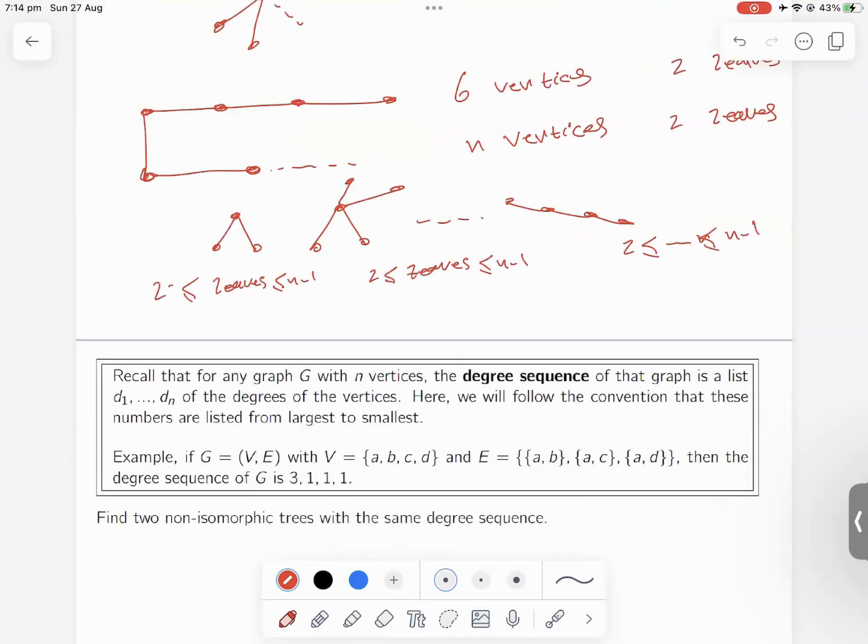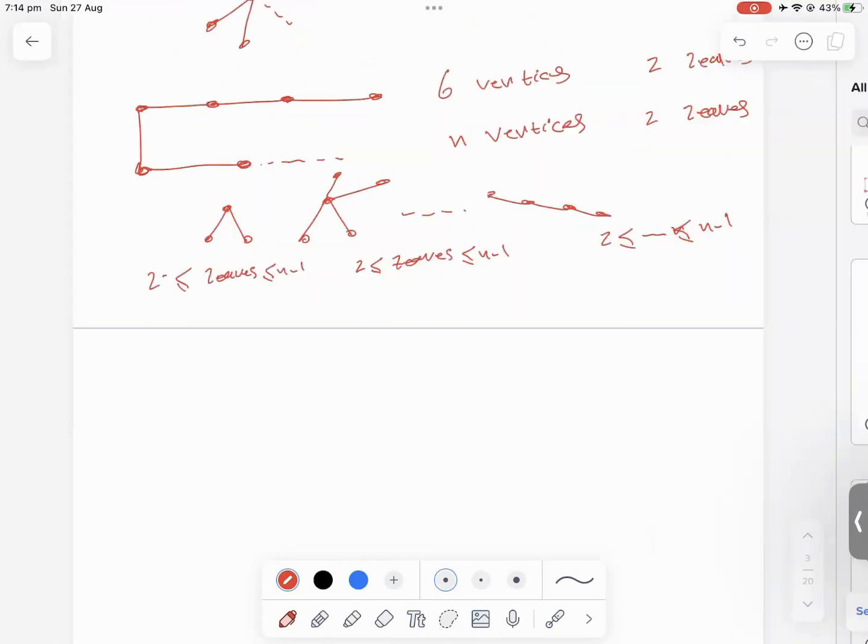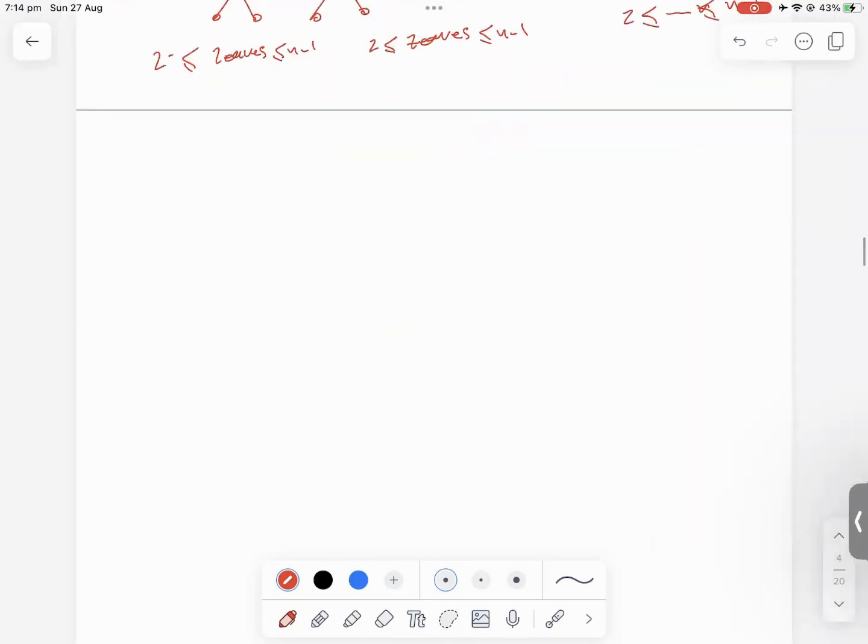But we have C components. So we have 2C leaves in the minimum case.